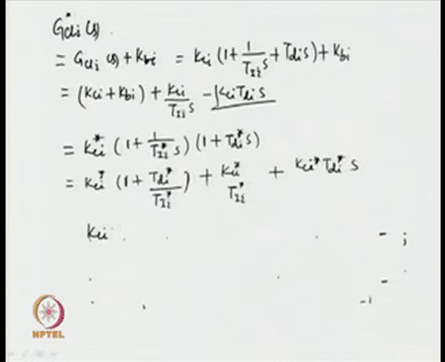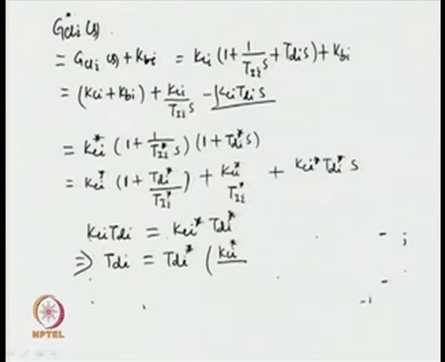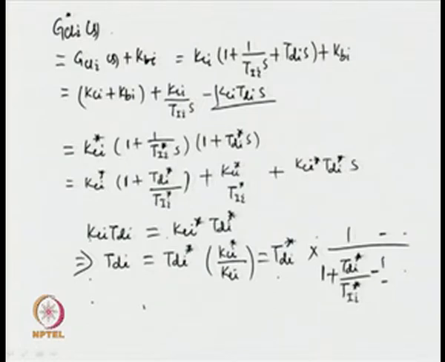So, Kci Tdi is equal to Kci star Tdi star, which again gives us Tdi is equal to Tdi star times Kci star upon Kci, which is the same as Tdi star times 1 upon 1 plus Tdi star upon Tii star minus Kbi upon Kci star.